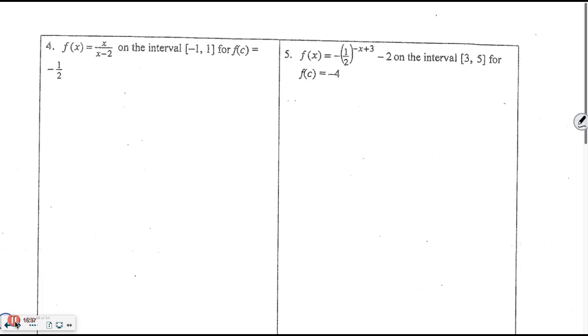All right, first of all, number one, in our head, we check for continuity. Discontinuity, another asymptote at x equals 2, but it's outside the interval, so it passes test number 1, right?